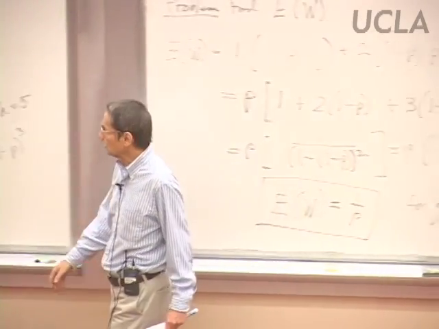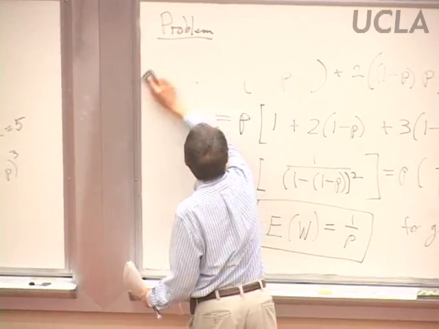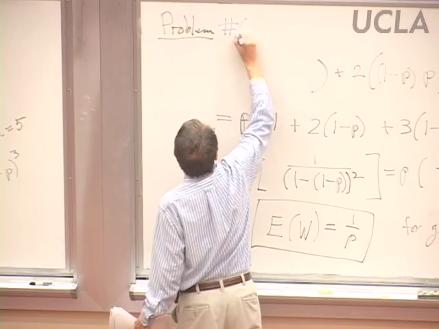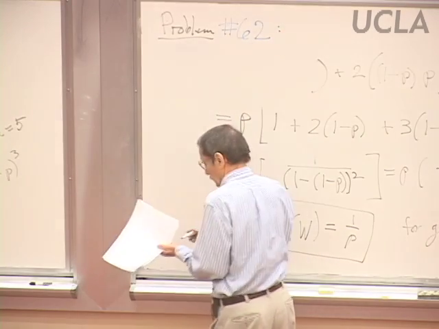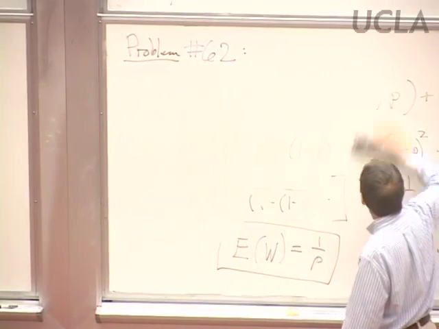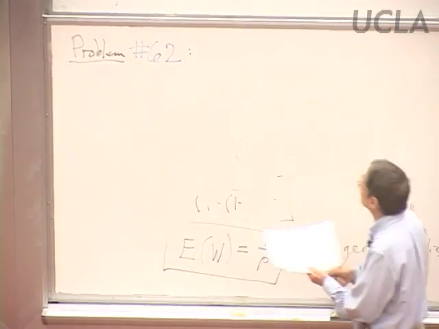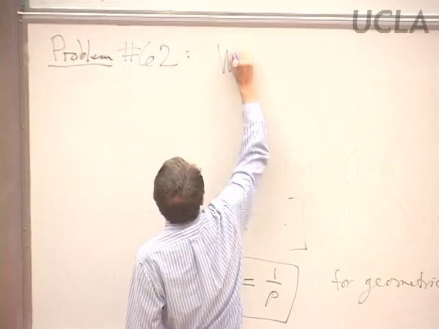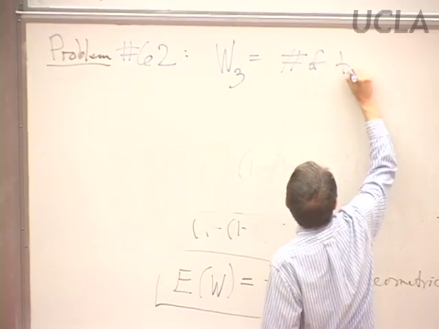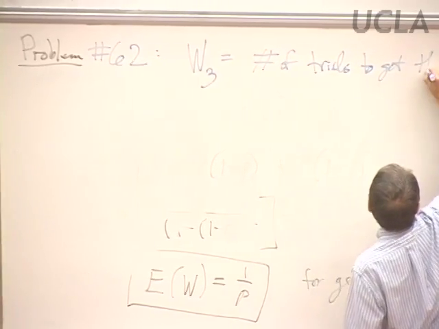Which brings us to a homework problem, one of today's problems. Which is the same thing for W3. W3 is the number of trials to get 3 successes.